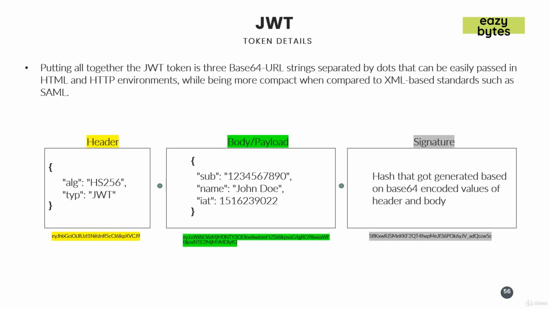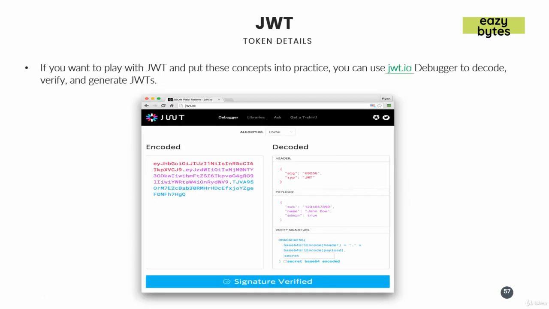If you want to play more with JWT, you can go to the website jwt.io, which is dedicated to JWT tokens. You can put a sample encoded value on the left hand side, and it will give you the header value and the payload from that encoded value, because our header and body are simple base64 encoded.